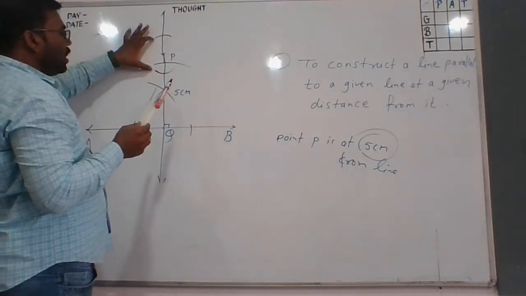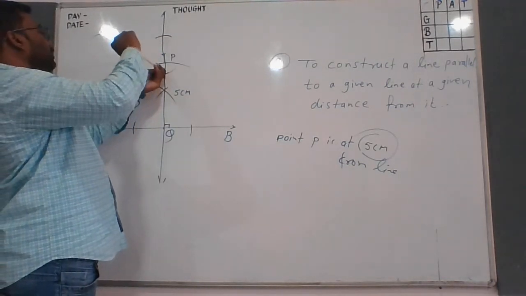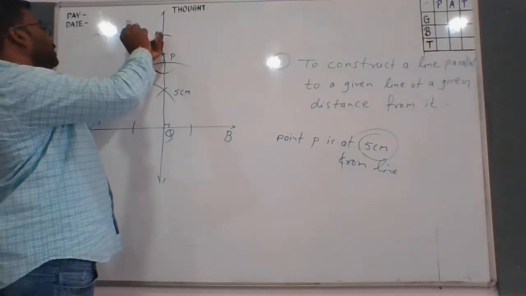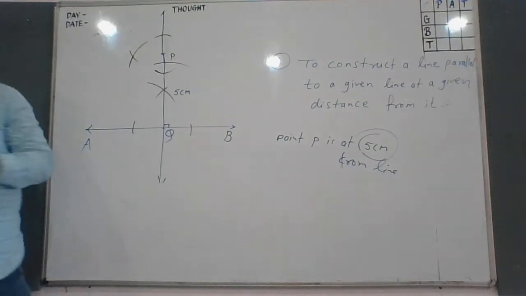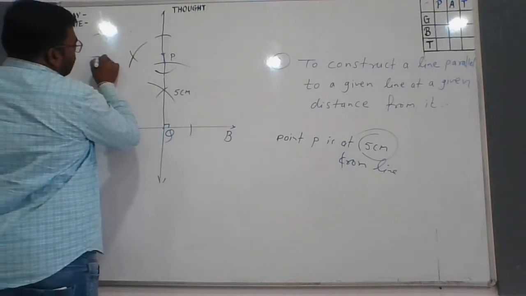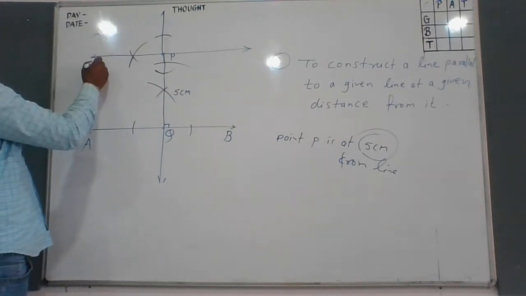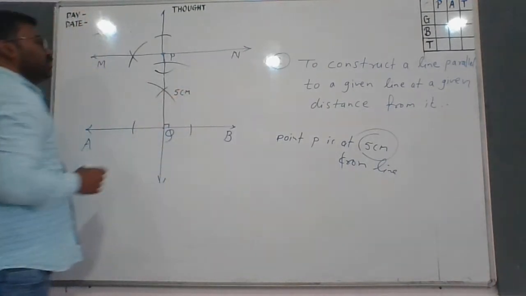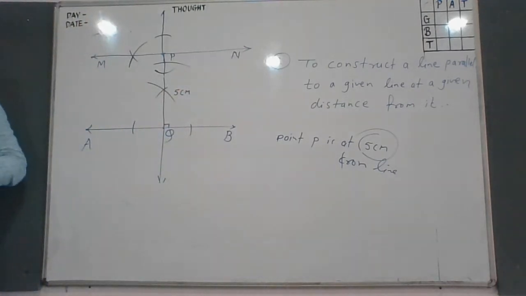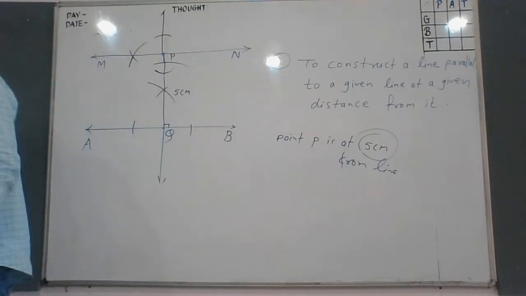Okay, so these two arcs we have. Take more than half of this first arc, and from here cut that arc. Okay, now this is the line MN which is passing through the point P. Got it? So these are the two types of constructions for the parallel line.